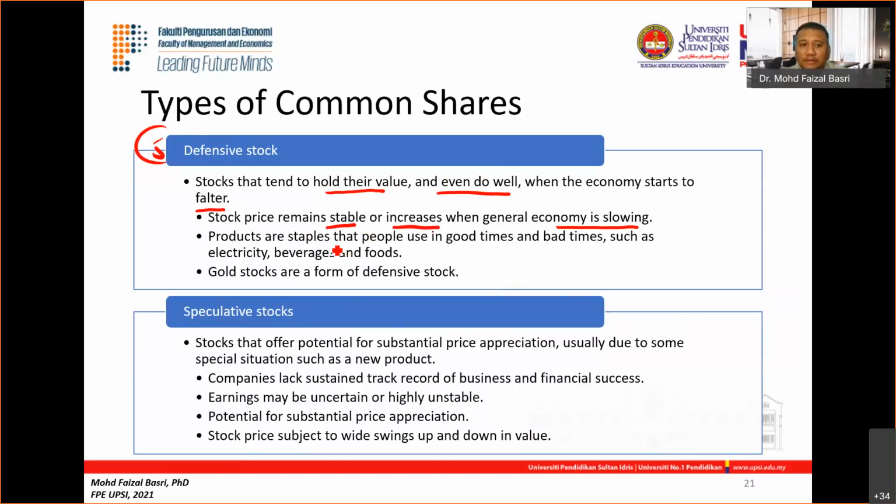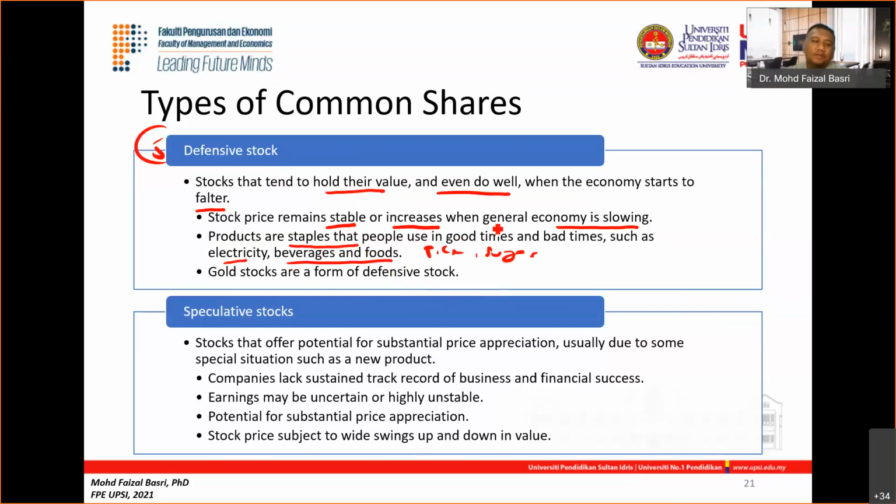And usually these types of stocks are related to companies producing products which are considered staples. Okay, staples are products that we use on a daily basis. For example, electricity, foods and beverages, especially the ones that we use most of the time, rice, sugar.